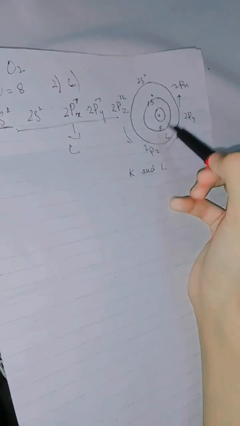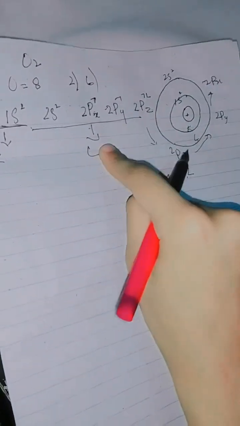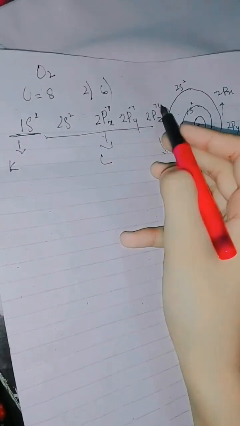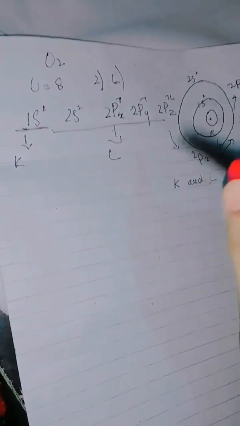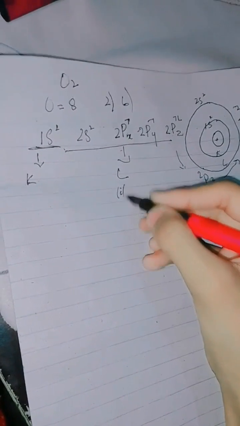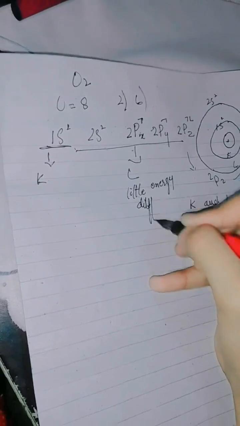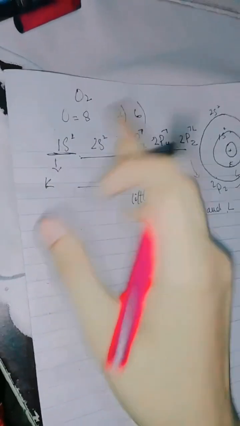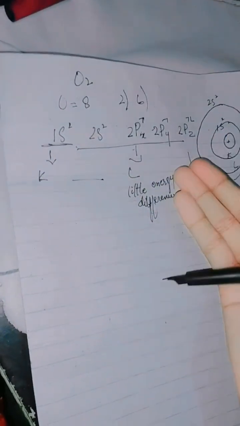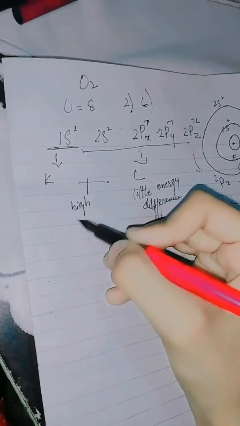So there will be a high energy difference between K and L. But in the same L orbit, the different orbitals will have a little energy difference.